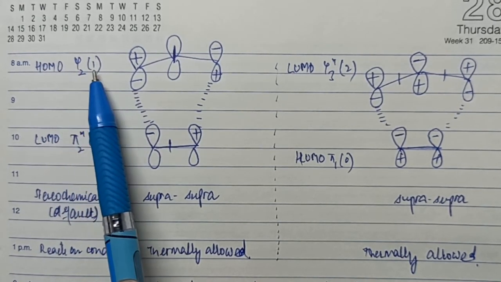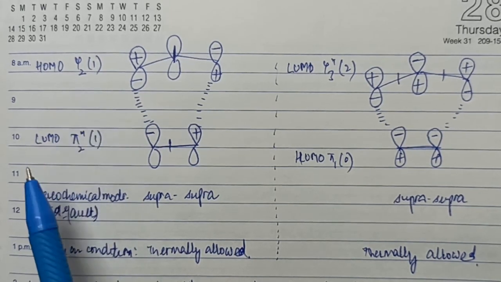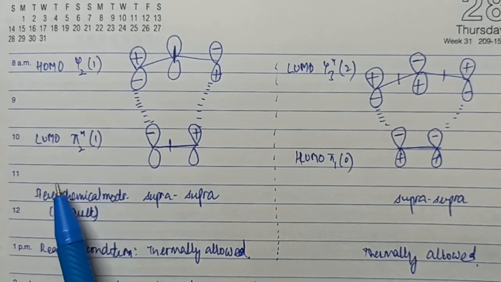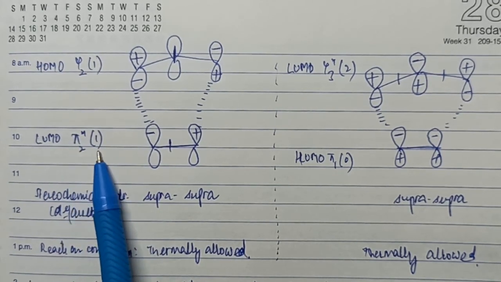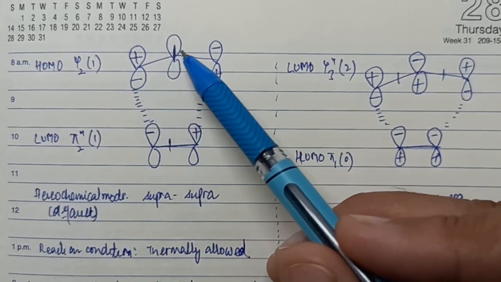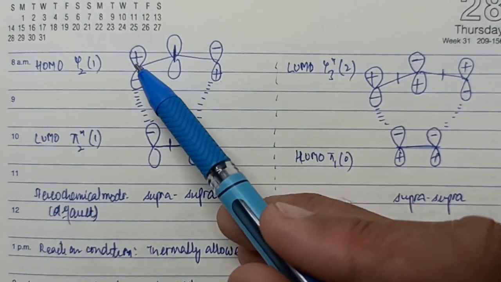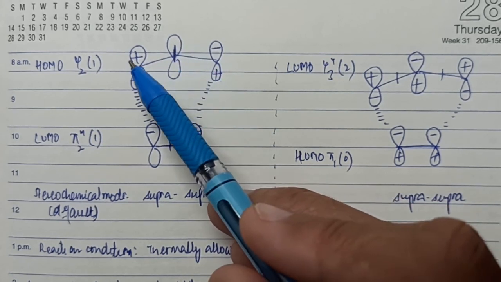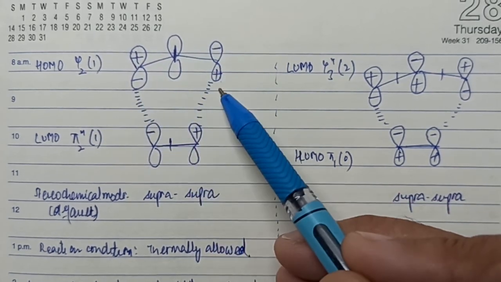Let's talk about first of all the HOMO of the dipole and the LUMO of the dipolarophile. Now HOMO of dipole is psi2 with one node. LUMO of dipolarophile will be pi2 star with one node. So if there is one node in 1,3 dipole, one node will come here on the atom, odd node on odd system is here. So if this is positive, this will be negative, this is negative, this will be positive.